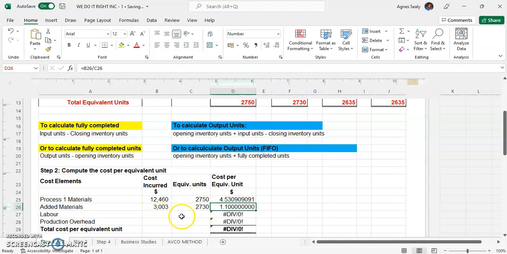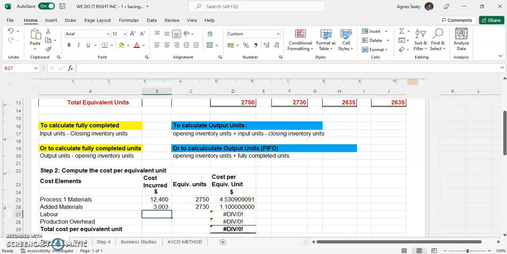So when we take our $3,003 and divide it by 2,730 equivalent units, we get $1.10 as our cost per equivalent unit. So there's no problem rounding here to 2 decimal places because all the other places here are zeros. So this is $1.10.